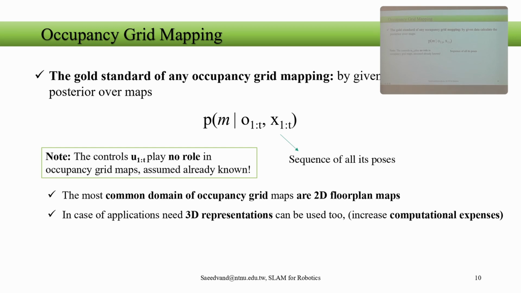So now we can also note that we don't have u_t anymore here, the control commands, because as I mentioned, we are not solving the localization problem. It already has been solved for us. We don't take the control commands into consideration anymore. The control commands were already used to get the observations that we have from the environment, and the control commands already gave us the robot pose that we have. So it is a second layer of algorithm that we are talking about. Is it clear? Any question?